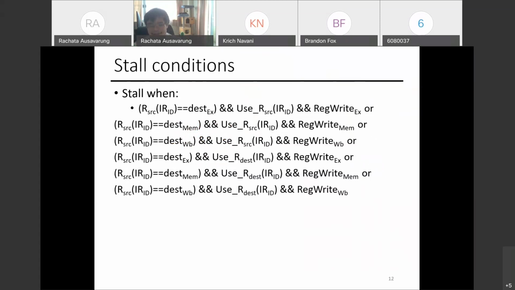Here's the condition. This is almost like a solution, a big part of your assignment too. This is the one where you can tell, okay, if my source needs this register that comes from the destination of each of these stages, right? The subscript here is the pipeline stage.